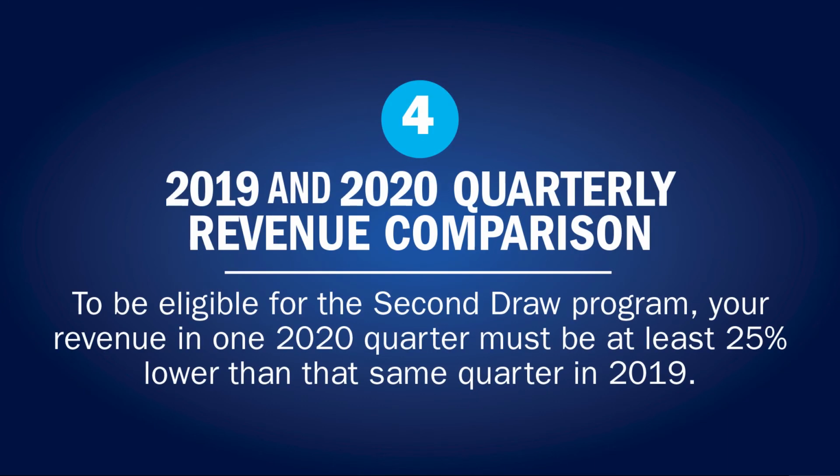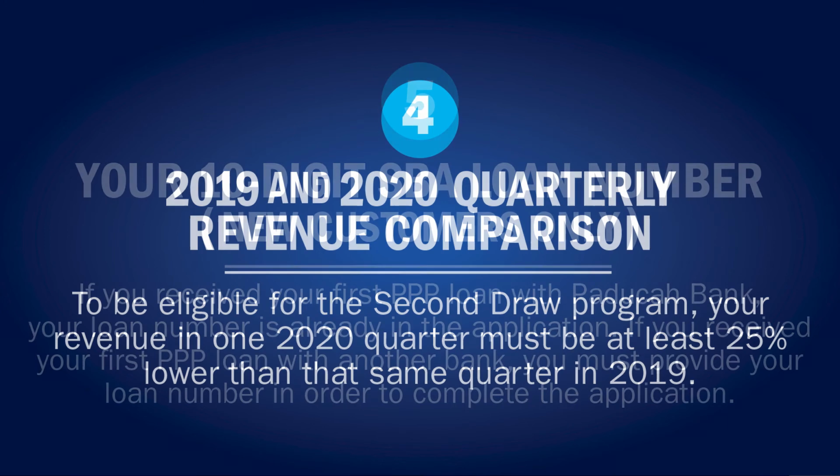Number four, your 2019 and your 2020 quarterly revenue comparison. To be eligible for the second draw program, your revenue in one quarter in 2020 must be at least 25% lower than that same quarter in 2019.